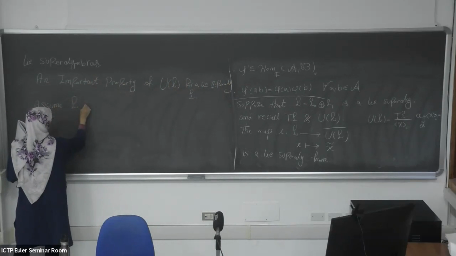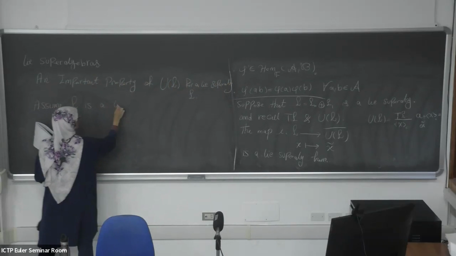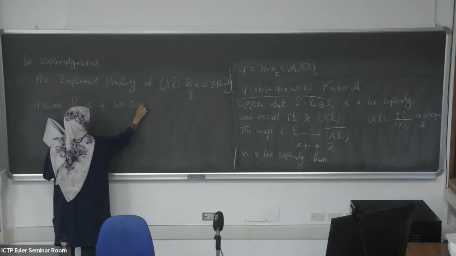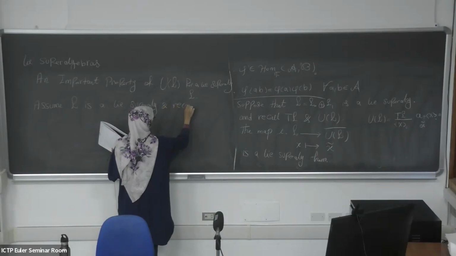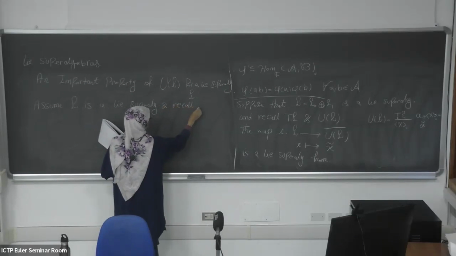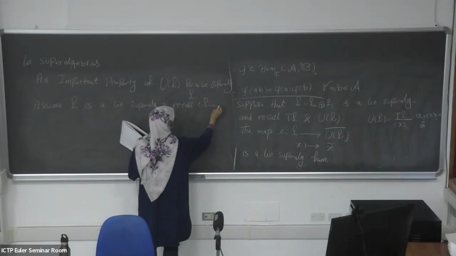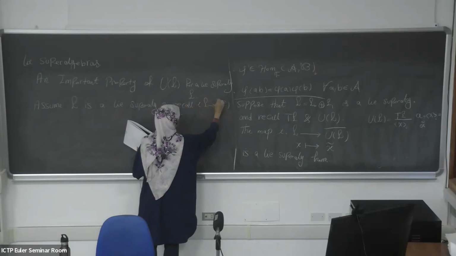Assume L is a Lie superalgebra, and recall the map iota from L to UL bar.